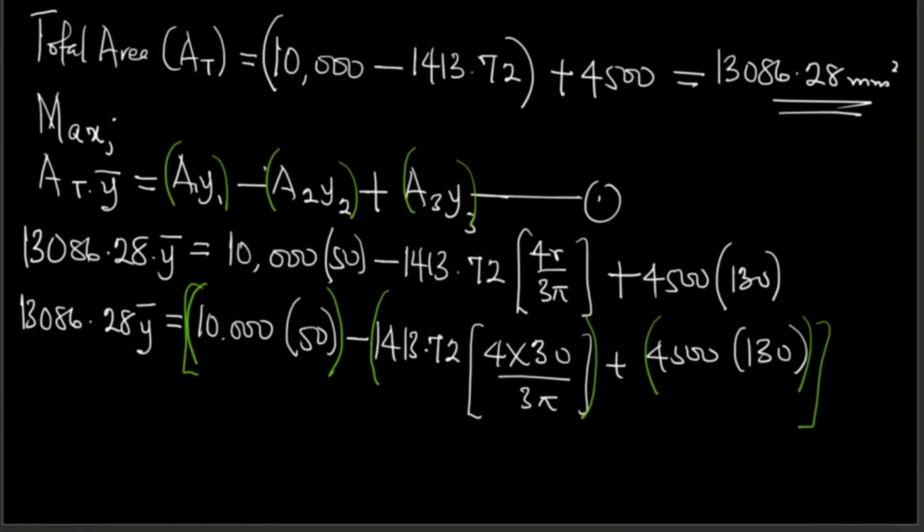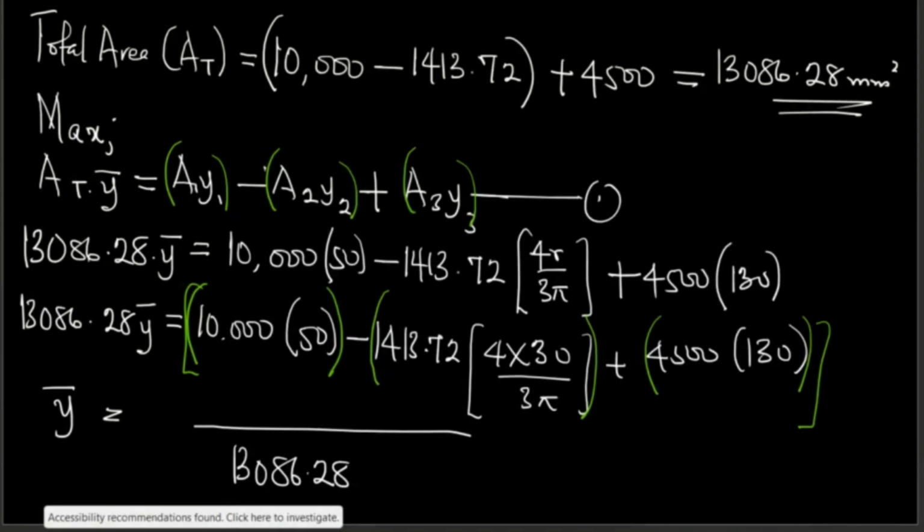When you get whatever you want on the right hand side, you now divide both sides by 13086.28. Remember, this is what we want. Whatever you get here, you divide it by 13086.28 for us to get the y coordinate of the centroid.